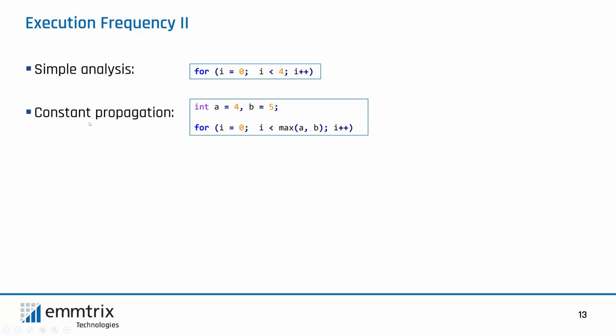Another thing would be constant propagation. Instead of having a fixed value here, we have a function call or some other calculation. Constant propagation means there are some constants defined inside of the program, and we know what the function does. So in this case, we know the maximum of A and B would be 5. It replaces these functions with constant values. This is called constant propagation, and it can be done for a couple of cases.